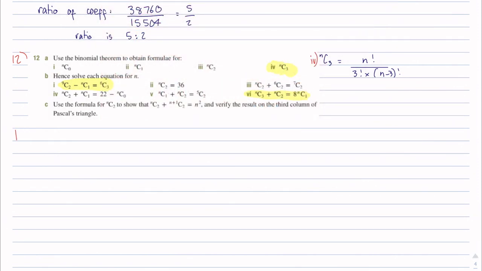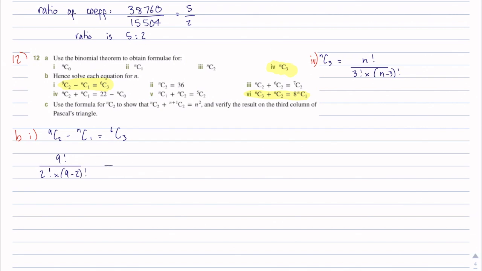For 12b I've got 9C2 minus nC1 equals 6C3. Okay. So 9C2 is the same as 9 factorial over 2 factorial times 9 take 2 factorial.